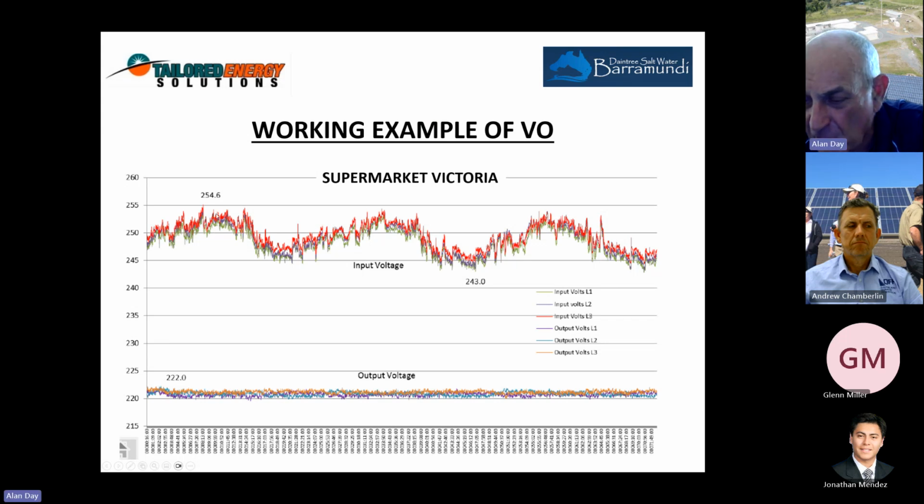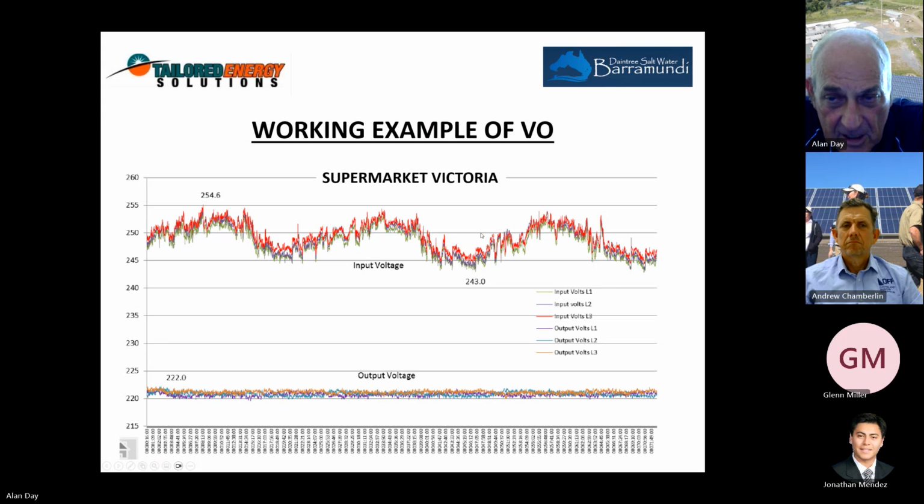This is showing you a phenomenon where I would say there's quite a lot of solar capacity around this supermarket. So those peaks happen during the middle of the day, when you've got lots and lots of solar systems trying to pump energy into the grid, and that increases the voltage. And these are the issues that Ergon and the other providers have to deal with.